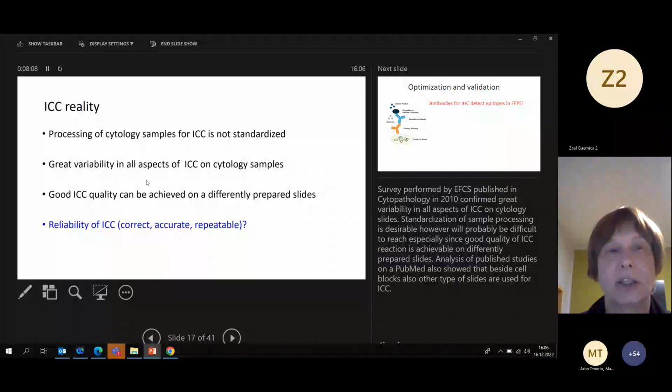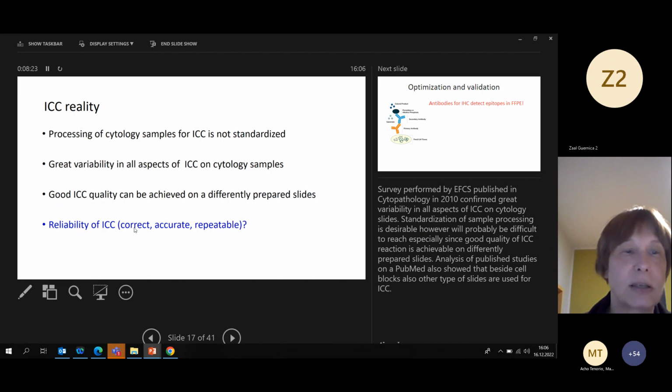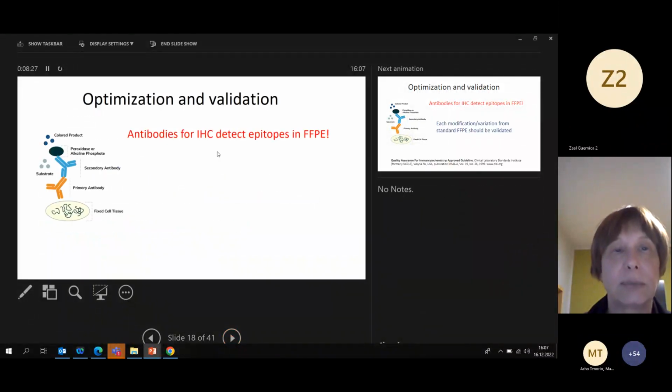So processing of cytology samples for ICC is not standardized, and there is great variability in all aspects of ICC on cytology samples. However, good ICC quality can be achieved on differently prepared slides. The question is, of course, how reliable are these results?